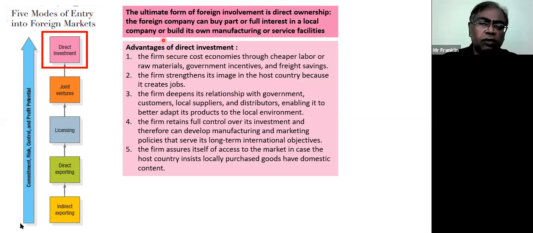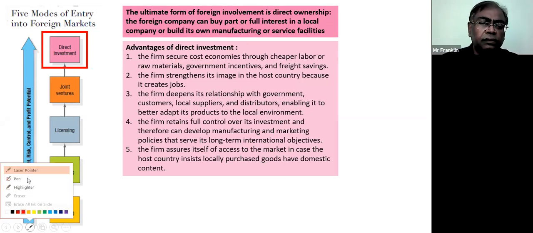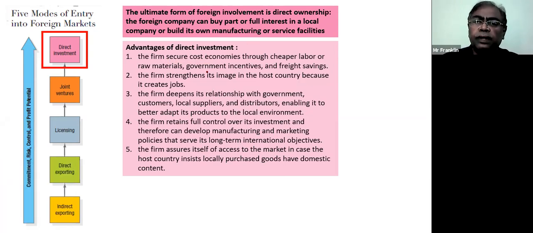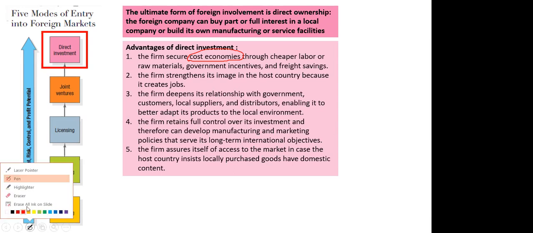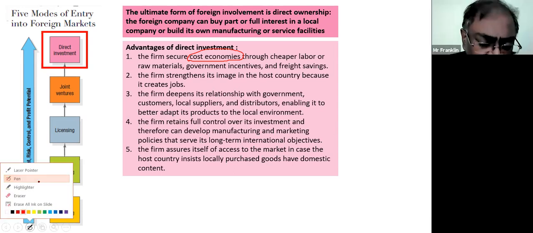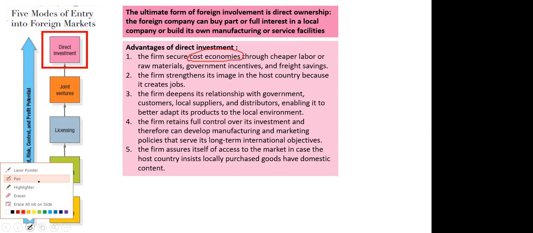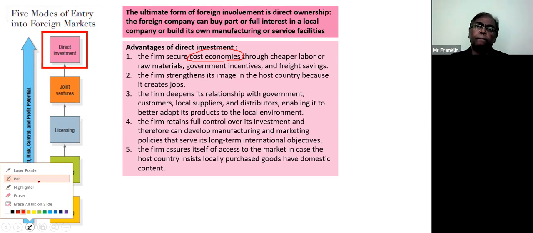Now, what is cost economy? This is a very important word you all need to understand. I think I've taught you all this. Economies of scale. Do you remember the word economies of scale? Yes. Minimize the cost, maximize the profit. Now, economies of scale means what?